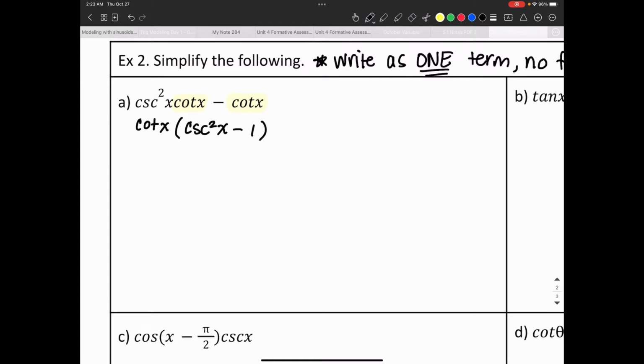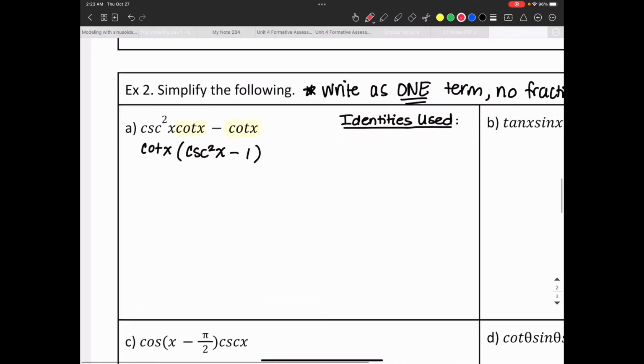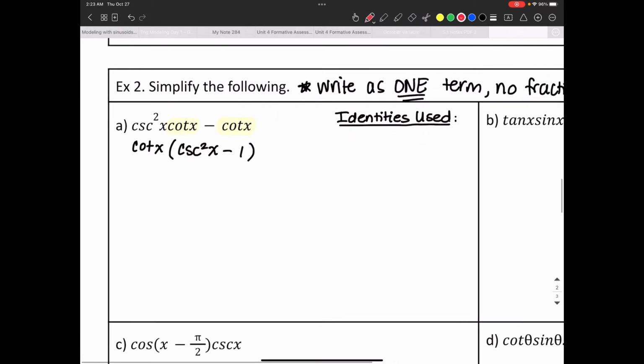And then off to the side, I'm going to talk about the identities that I'm going to be using, because I might have to rewrite them from the original way that I saw them, or how we just talked about them.